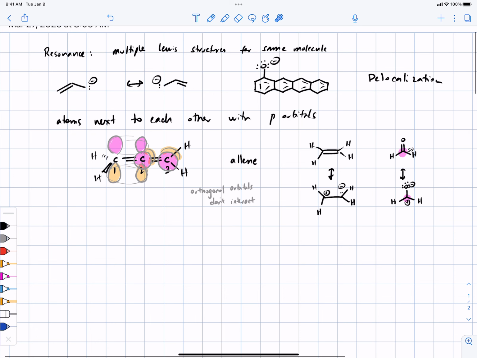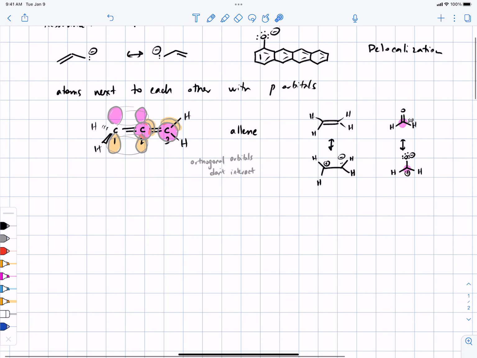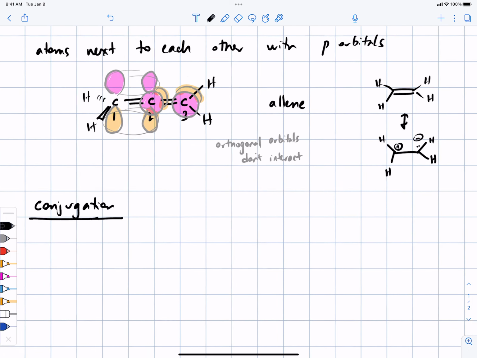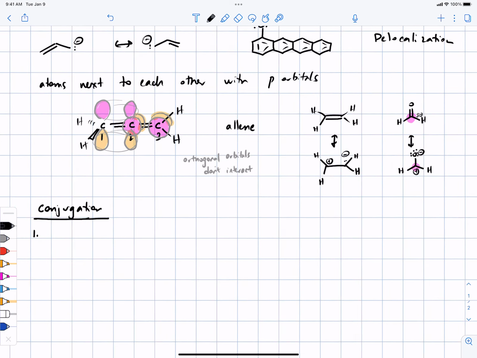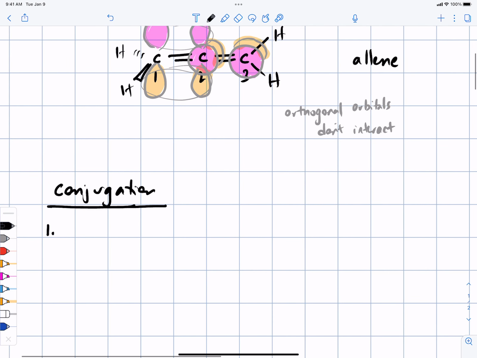So let's see what we're getting so far in terms of requirements for conjugation. You need p orbitals lined up.